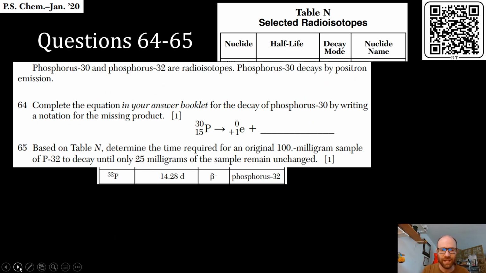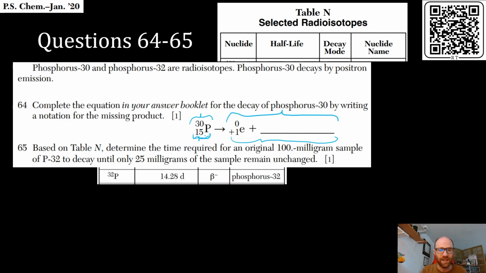All right, some nuclear chemistry. We've got 2 isotopes of phosphorus that we're going to look at, 30 and 32. They're telling us phosphorus-30 is positron emission, and then in your answer booklet, they gave you this formula to finish out, so I don't have to write the whole thing. But what I do need to know is that the total top numbers and the total bottom numbers have to be the same before and after the reaction, this transmutation that's occurring.